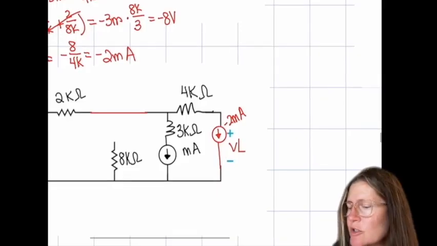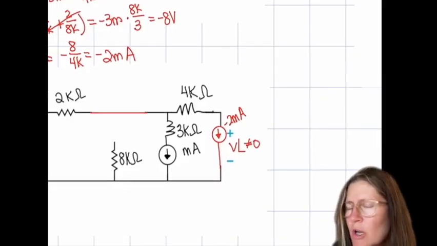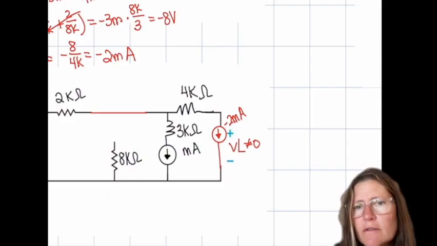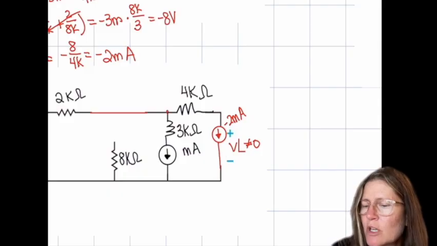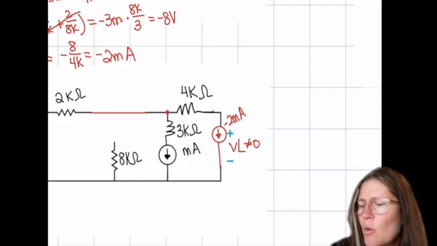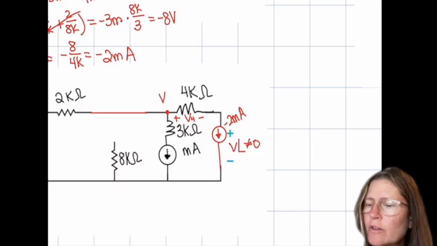After the switch, this is no longer 0, and we need to determine what that value is. To find that, we again want to know what the node voltage is, and then we need to determine, call it V4. And I'll call this V1 this time.